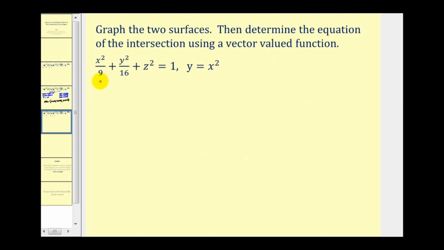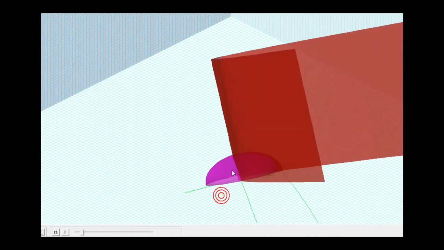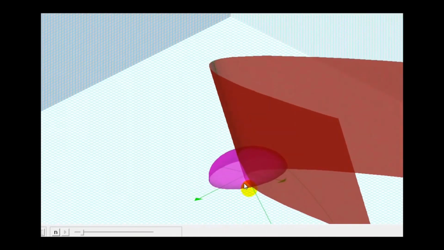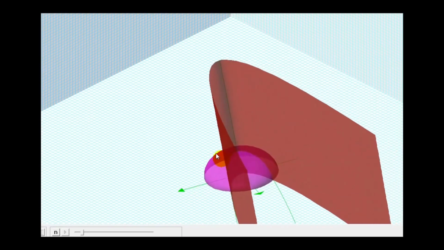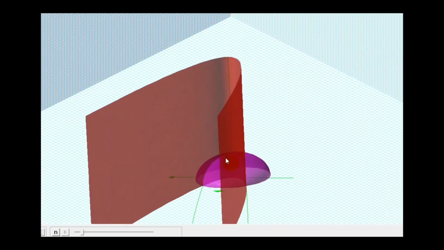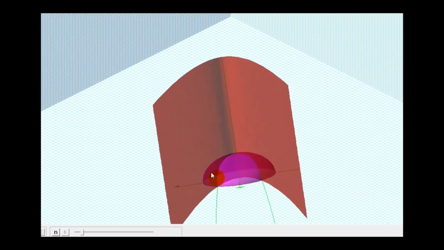Here we have x squared over 9 plus y squared over 16 plus z squared equals 1 and y equals x squared. And we only want to consider this when z is greater than or equal to 0. So notice that I'm only including the graph above the xy plane, and again we can see the intersection would be this curve here.